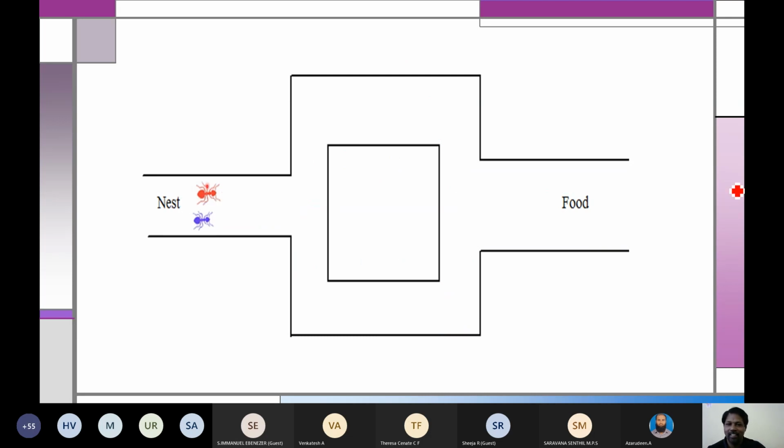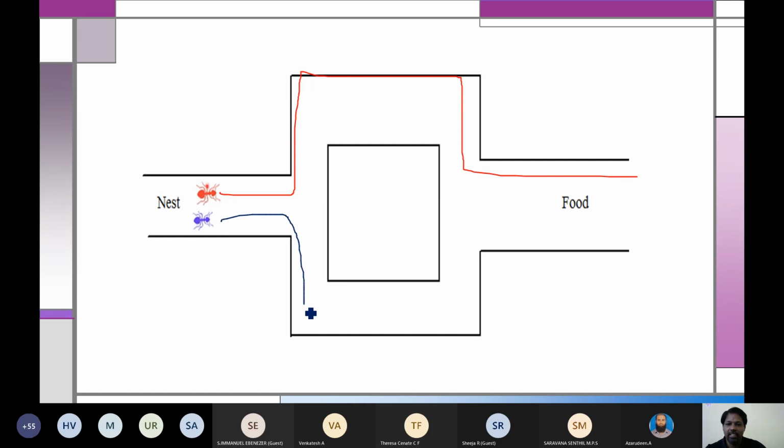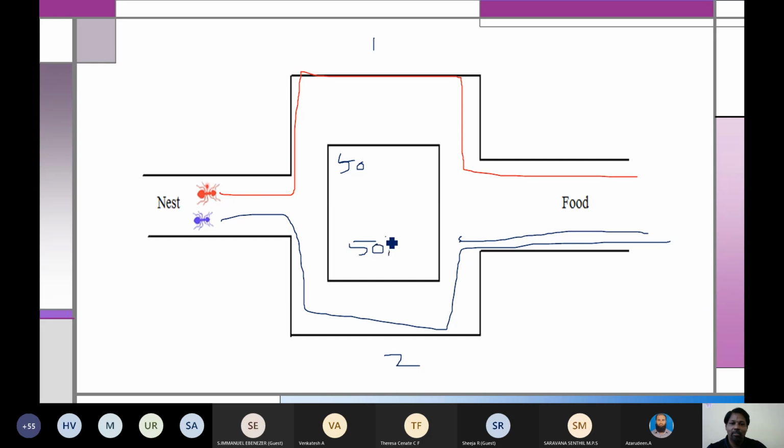Let me go to the next condition. Now again the same thing is happening. The first ant is taking this path and the second ant is taking the next path, and this ant is returning. In the previous one we saw that this ant took the same path, right? Now, instead of going on the second path, it has taken the first path, because both paths have only 50% probability.